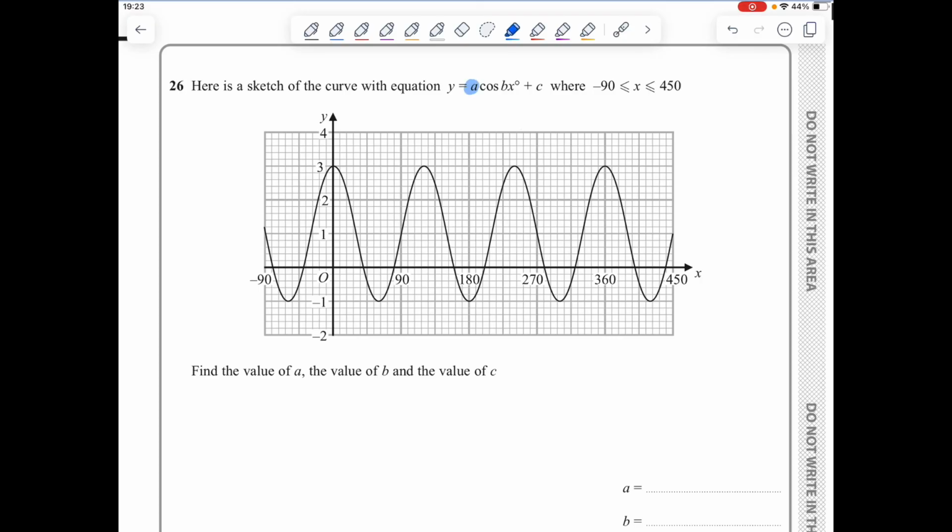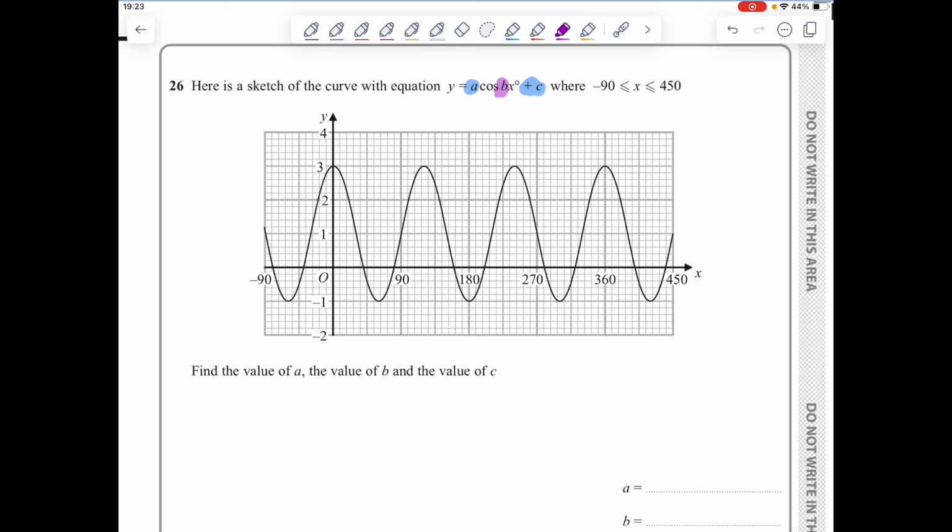A is a stretch by a scale factor of A along the y-axis, and plus C is a translation of C units on the y-axis. The B in front of the x corresponds to a stretch along the x-axis by a scale factor of 1 over b. So basically we are dividing the x-coordinates by b.